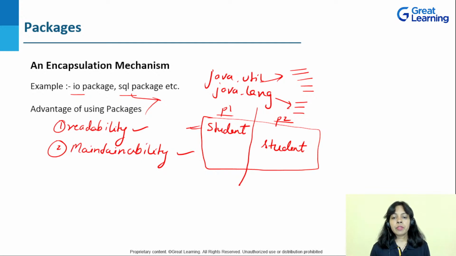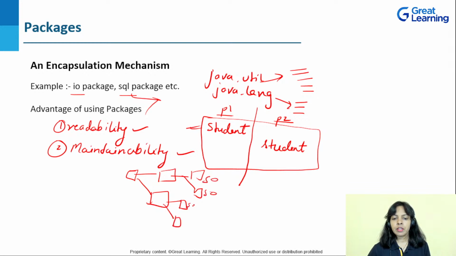For example, everything is put inside the same file, or under, you can say, the same folder. Like one folder you open and you find 200 files. Is that easy to read? Or is this easy to read: you opened one folder, inside that there were two subfolders, and in that subfolder there were again two subfolders. Suppose in this there were again two subfolders, and then 50 files in each, relevant to its functionality.